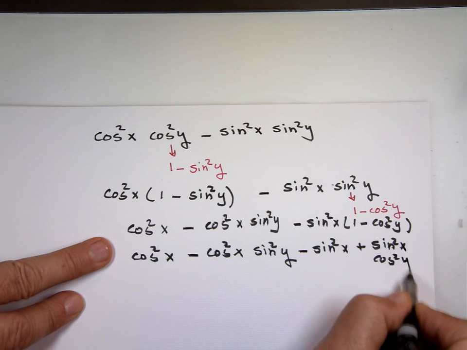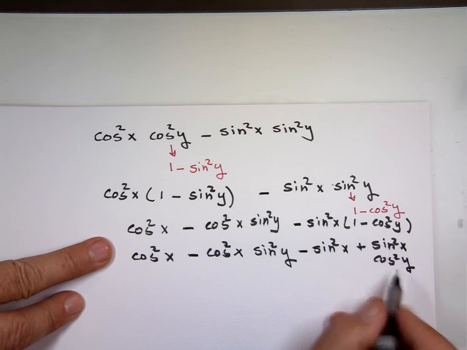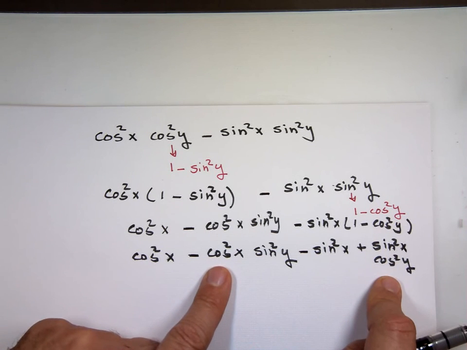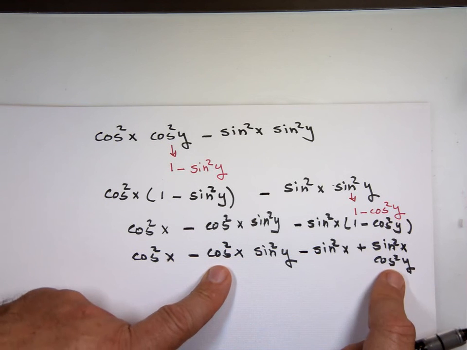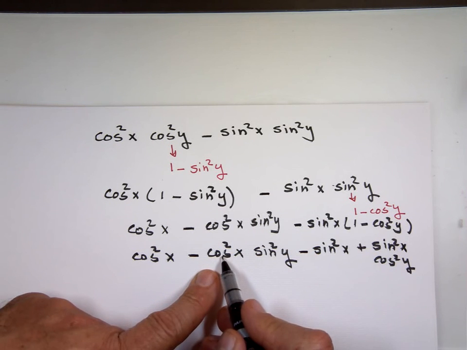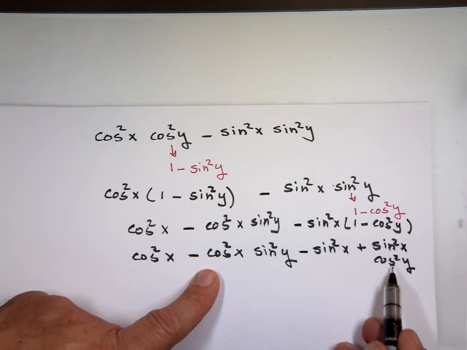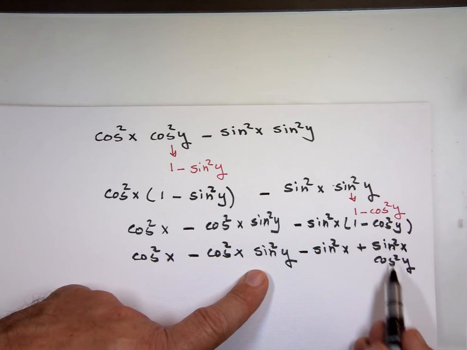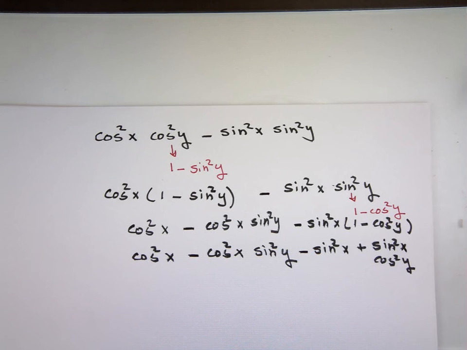Those two are backward, don't they? Then I got excited, like, oh, they cancel each other, but they're not. This is cosine squared x, and this is cosine squared y. This is sine squared x, sine squared y. So they don't cancel each other out.